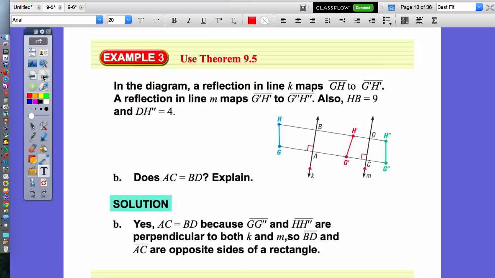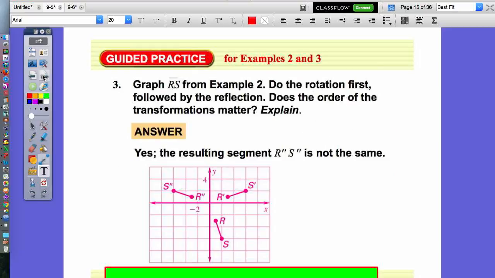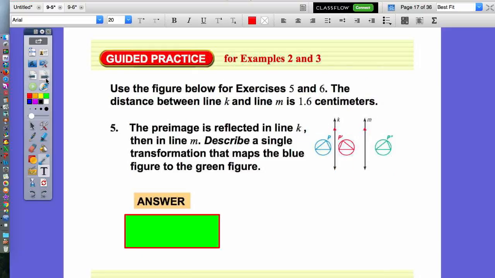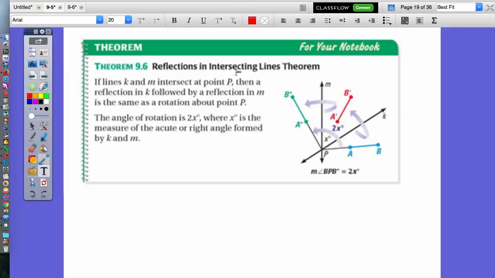Now the other type of problem you would have is if lines intersect. So here I have line M and line K intersecting. And I have segment AB, and I want to get to A double prime, B double prime.